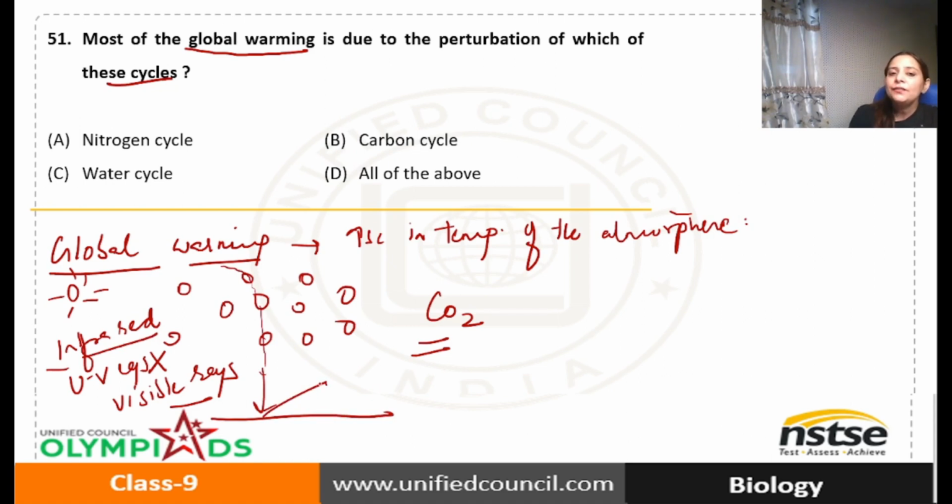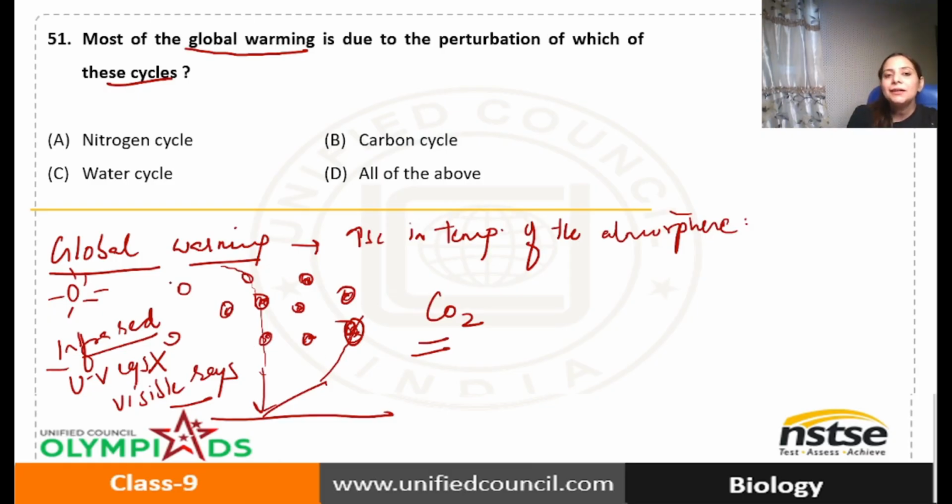Once they get reflected back and pass back through the atmosphere, they get trapped in the carbon dioxide molecules. The reason being their wavelength increases, and carbon dioxide allows them to enter, but after multiple reflections it doesn't allow that wavelength of infrared rays to escape out.